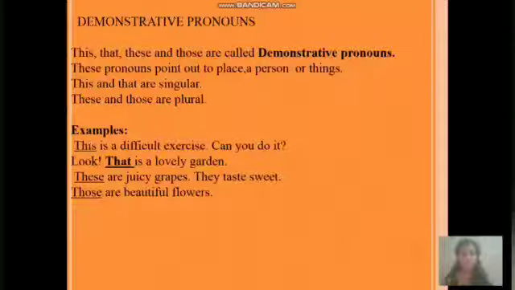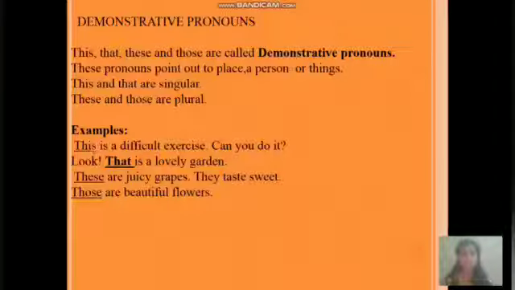So now this and that are used in the singular form and these and those are used in the plural form. Now look at the demonstrative pronoun this, and the verb that accompanies it is also used in the singular form. When you look into the noun, it follows the subject verb agreement rule.